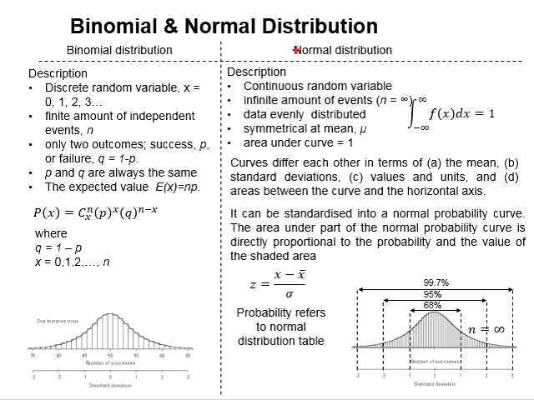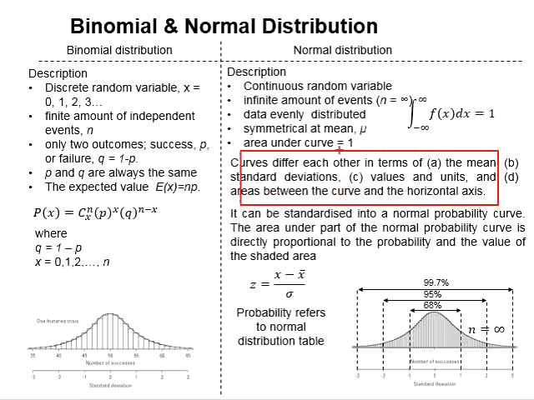If the sample data is unlimited, we will expect a smooth normal distribution curve. The curves for different situations may vary from each other in terms of the mean, standard deviation, the values and the units, and also the area between the curve and the horizontal line.